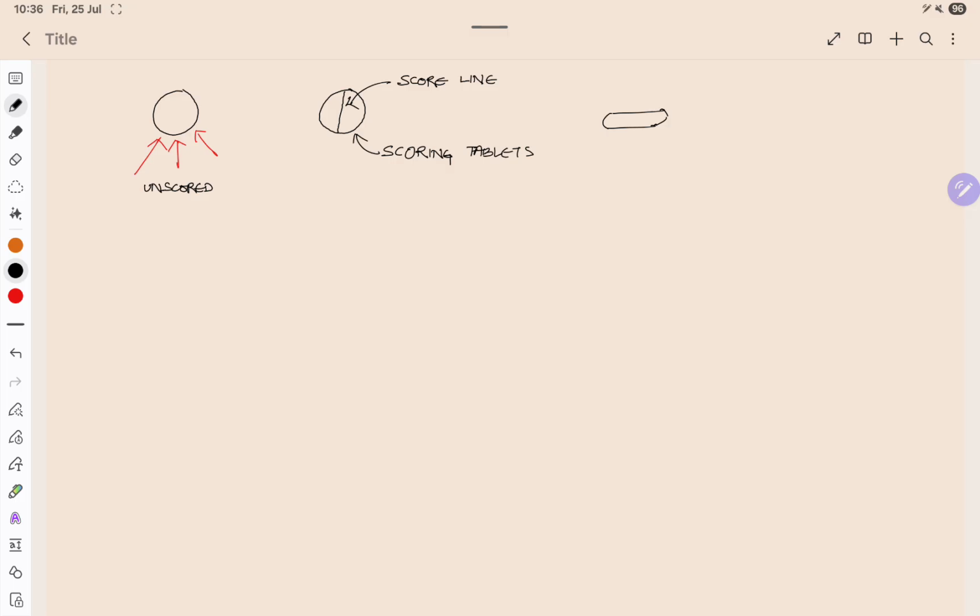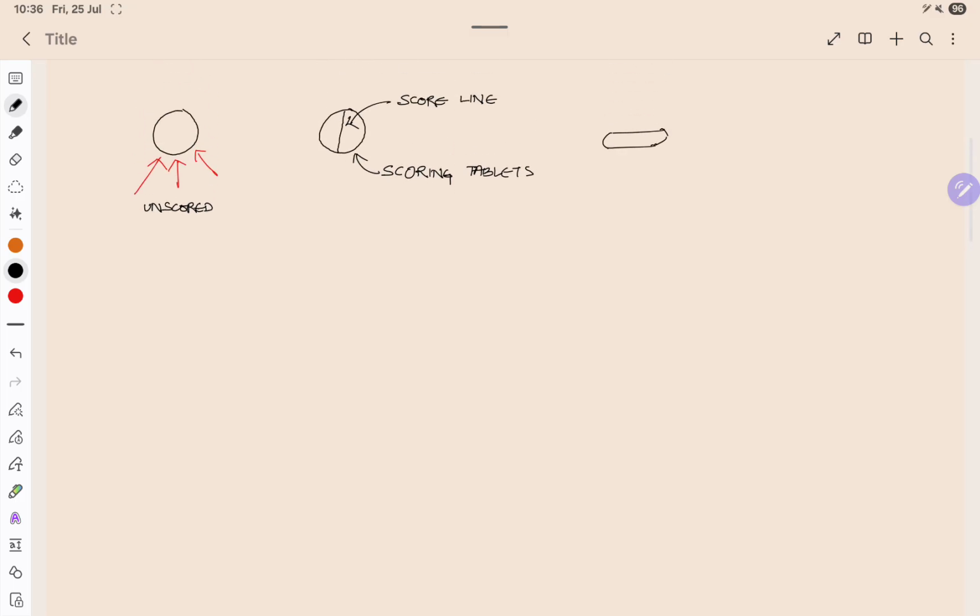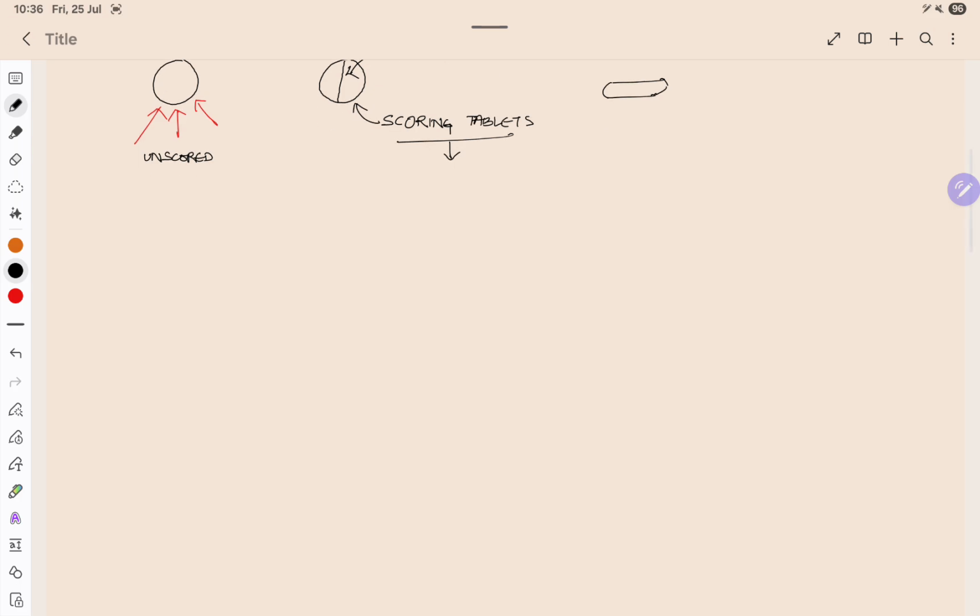Now why do we take into consideration the concept of the scored tablets? To make things simple, we can divide the tablet into half, so those adjustments could be done. Next, ease of swallowing.